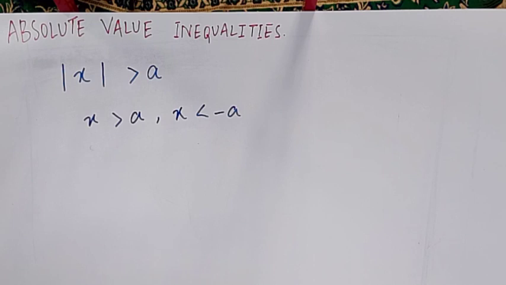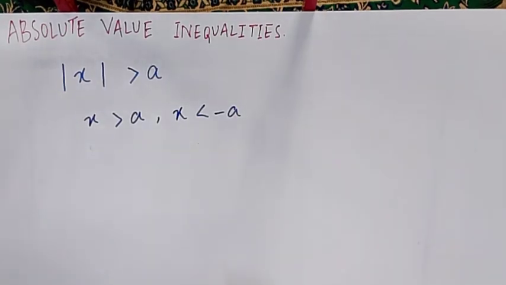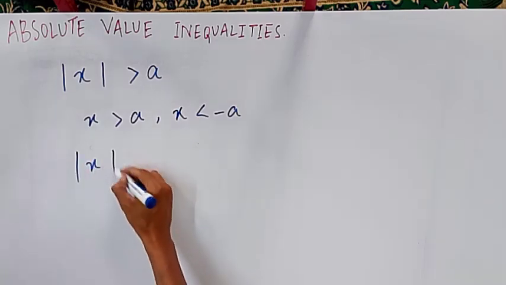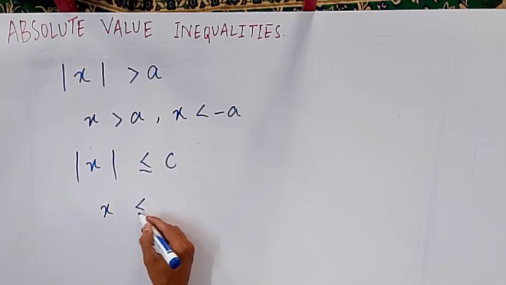As you remember, when we talk about inequality, changing the sign will reverse the sign of the inequality. So it is very important to remember that whenever you have an absolute value inequality, when you open it with plus and minus, in the negative one you need to change the inequality symbol. The same case applies for less than. Let's take this one as an example. You will open it like this: x less than or equal to c.